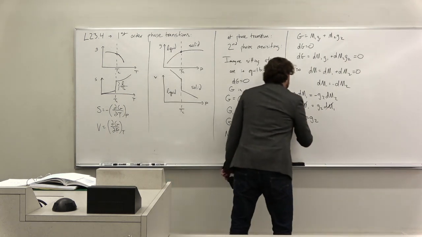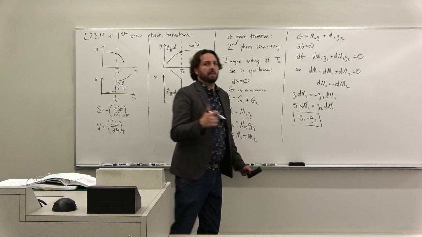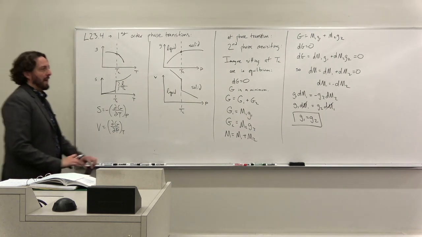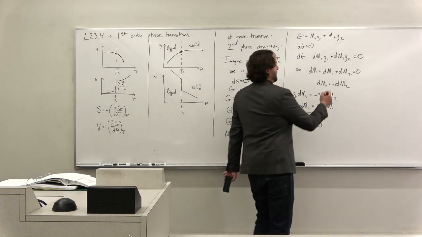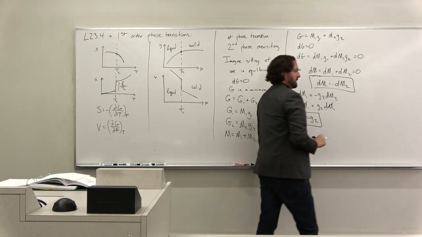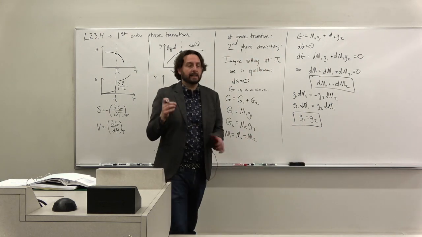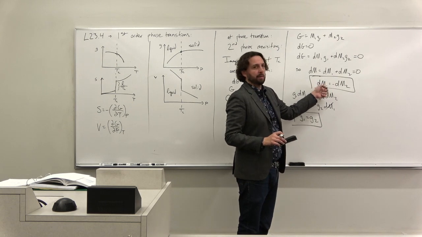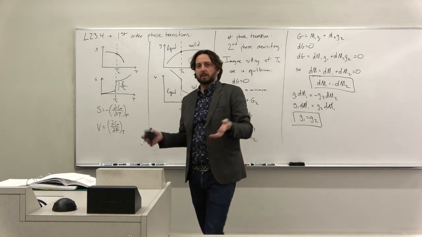So this is actually what happens at a phase transition. The masses of the relative phases can change. For example, I can convert solid to a liquid, or liquid to a solid, or solid to a vapor, or liquid to a vapor.